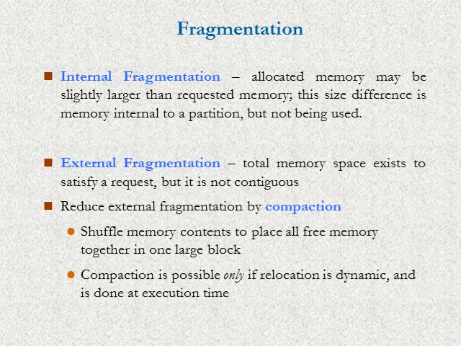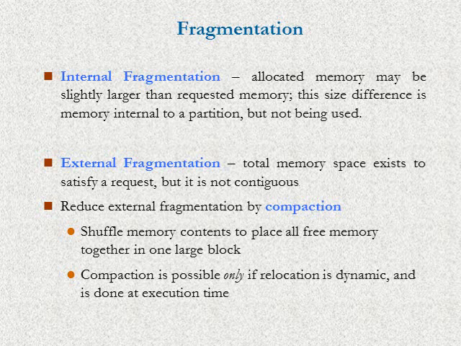We can reduce this external fragmentation by a process of compaction, where we shuffle the memory content of different processes so that they cover up all the free space, and the free space is now available in one large block at the end of the memory.